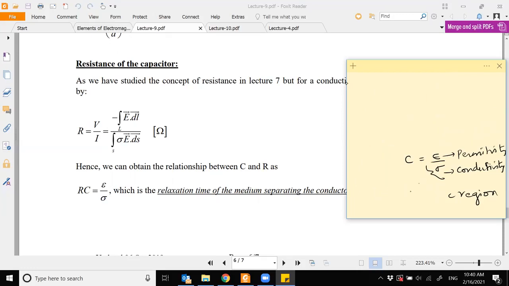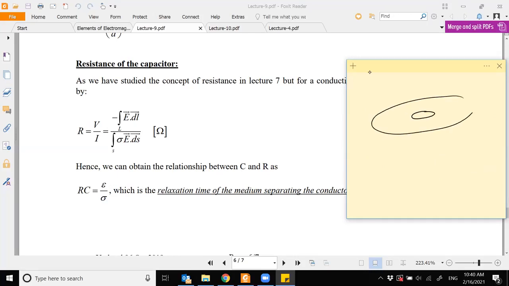This RC is also called the relaxation time, but here it is the relaxation time of this dielectric medium.